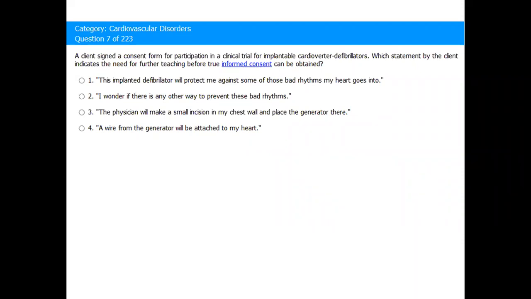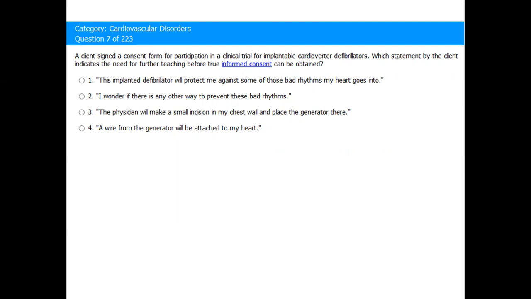When we go for any kind of invasive procedure, we always need their informed consent. So as an RN, we should make sure the patient gave informed consent and the doctor should take it. And we will be there as a witness, right?